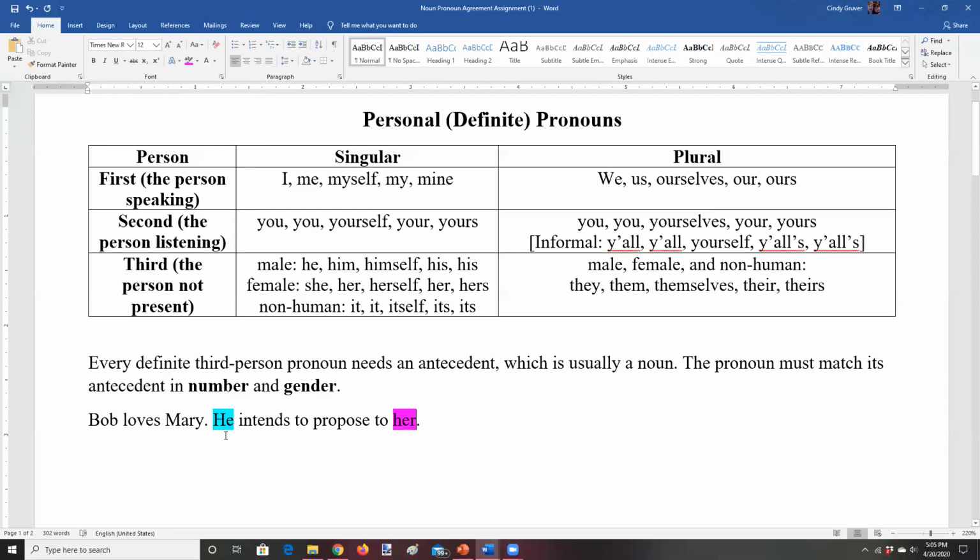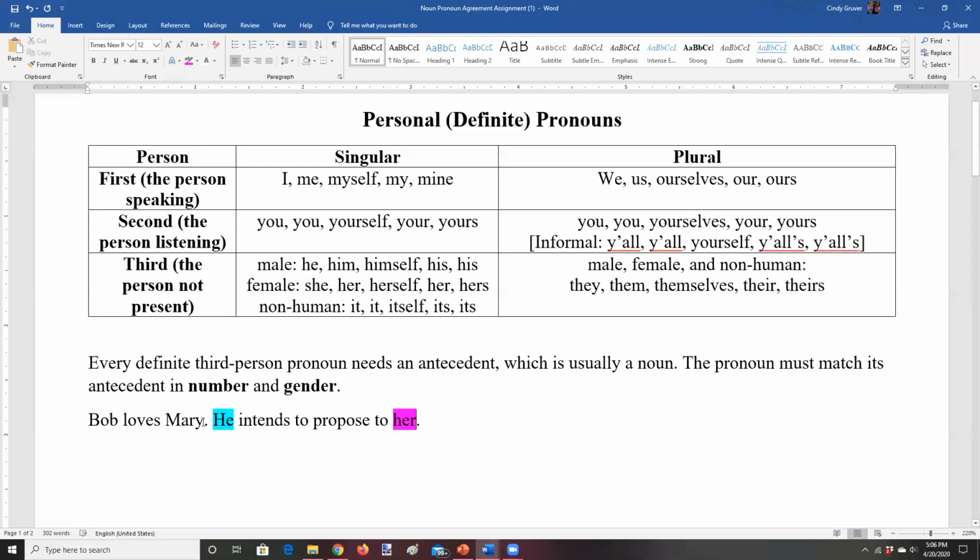It's completely clear though that he is referring to Bob and her is referring to Mary. It's not ambiguous at all because Mary is a name that we identify as being female, so we know that Mary can't be he, and Bob is a name we identify as being male, so we know Bob can't be her. So this is completely clear. We can see how we've defined the he by looking at Bob.